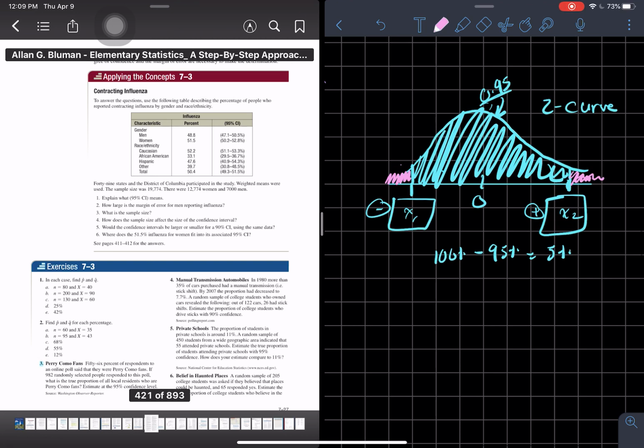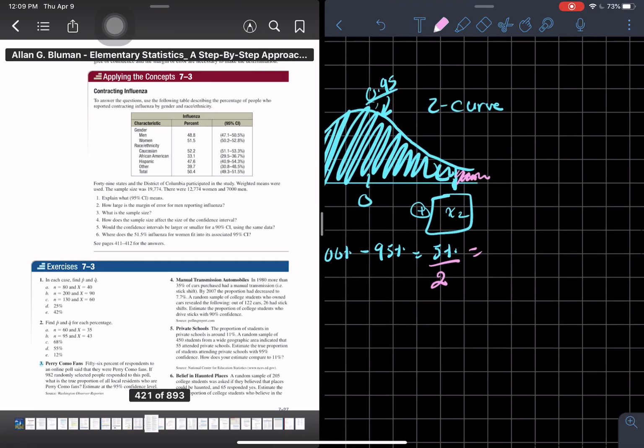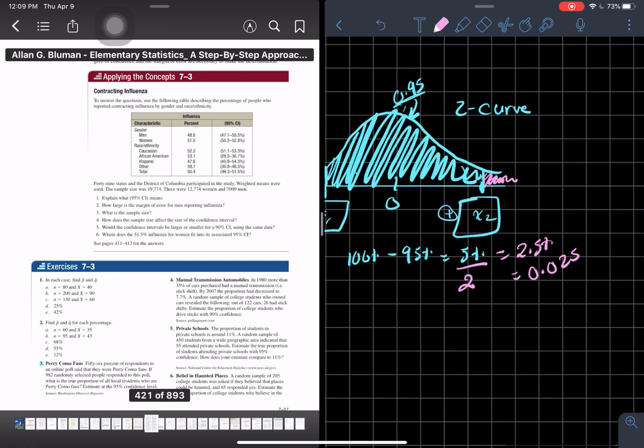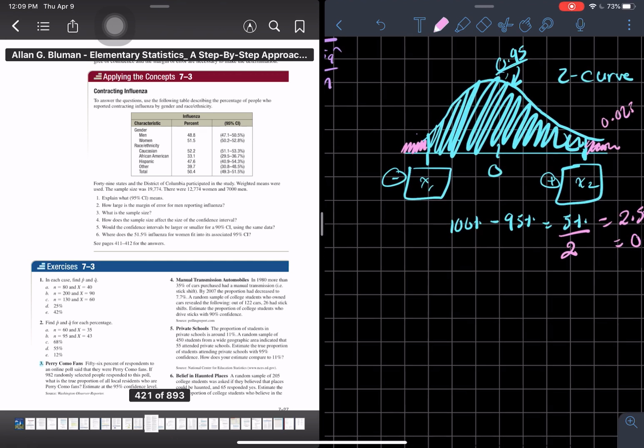Instead, each is only 2.5%, which is 5 divided by 2. 2.5% sure that it's gonna be in one of those pink regions. If I translate it into a decimal, it'll be 0.025. You basically just divide by 100. So the area under my curve right here is 0.025. The area underneath here is 0.025.